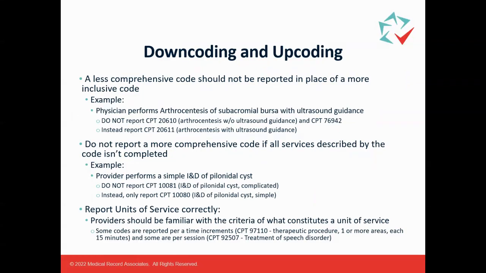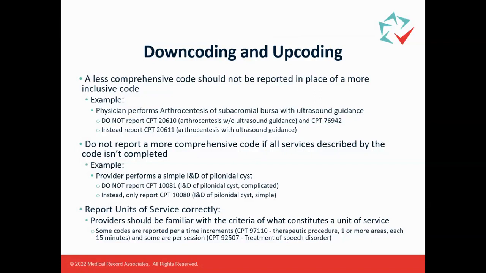We'll look at downcoding and upcoding now. A less comprehensive code should not be reported in place of a more inclusive code, which we've already stated. So those less comprehensive codes are included in the more comprehensive code. An example is a physician performs arthrocentesis of subacromial bursa with ultrasound guidance.